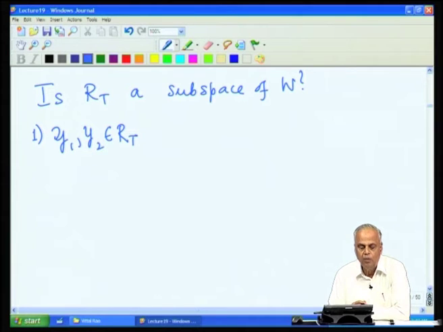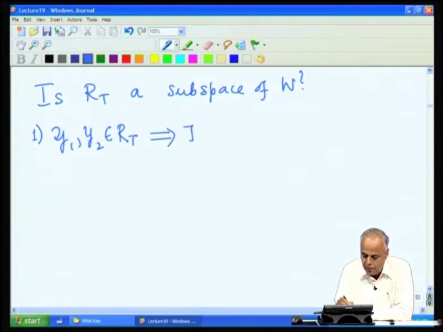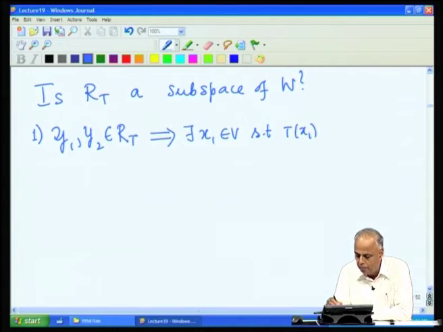Now, first of all, what does it mean to say that y 1 is in R T? Y 1 is in R T means it is a focal point, which means there is a pre-image x 1 in V such that T of x 1 is y 1.